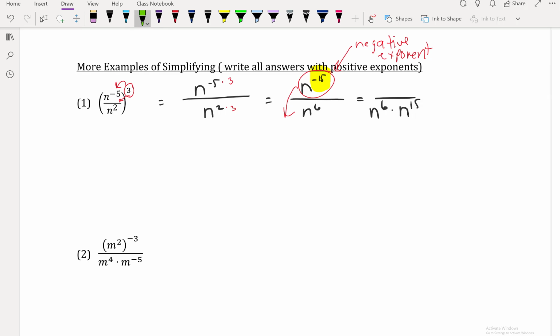By default, since there's nothing in the numerator, it defaults to a 1. Then from here, you want to add the 6 and the 15 together. So 6 plus 15 gives me 21. So 1 over n to the 21 power. So that's my exponent, 21.